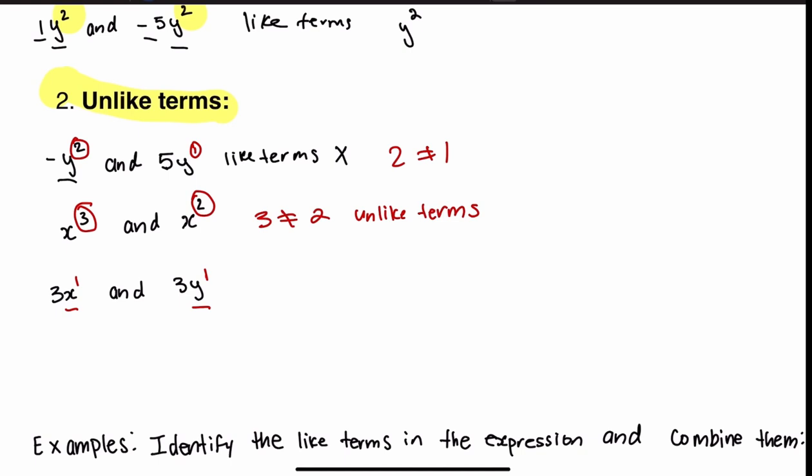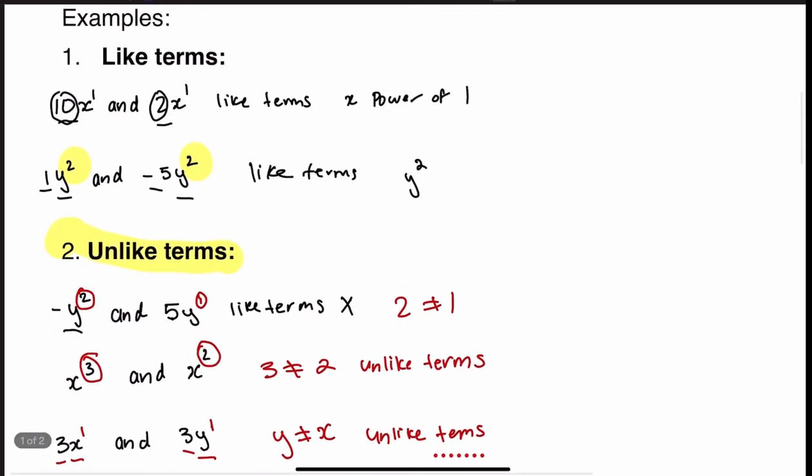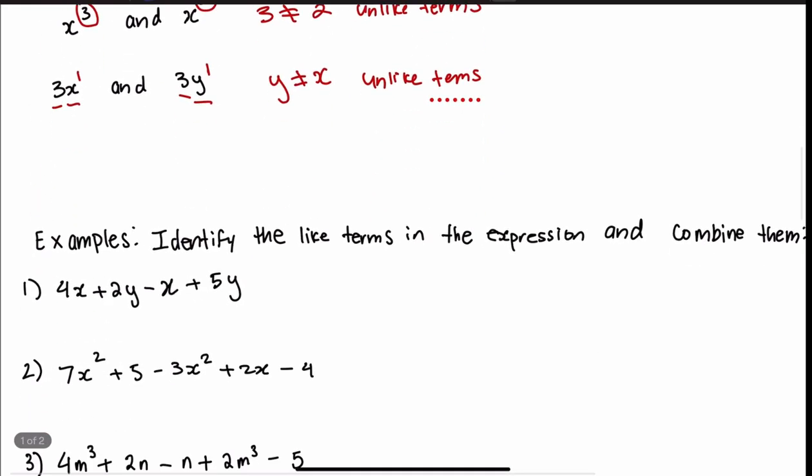Even the 3 here is the same, but since x and y are two different variables, this is also going to be unlike terms. So remember, only if the power of the variable is the same and the variable itself is the same are they going to be considered like terms.